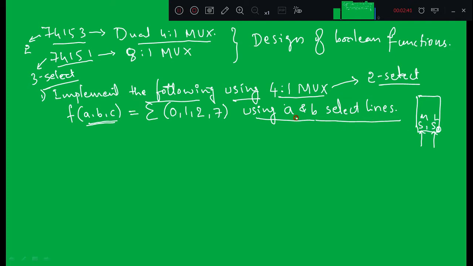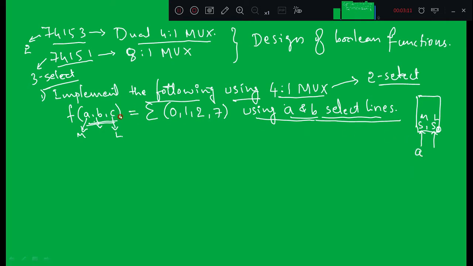Among the three inputs, the first is MSB, the second is the second MSB, and C is LSB. In the question he has said A and B must be used as select lines. So A needs to be connected to S1, the MSB.